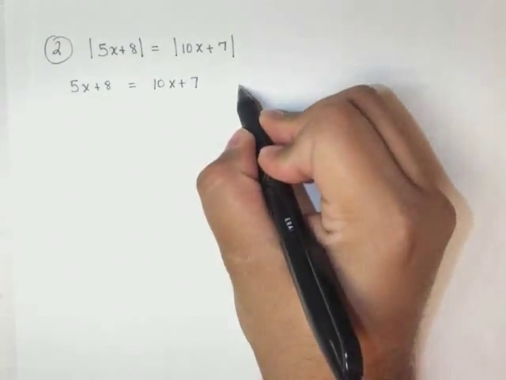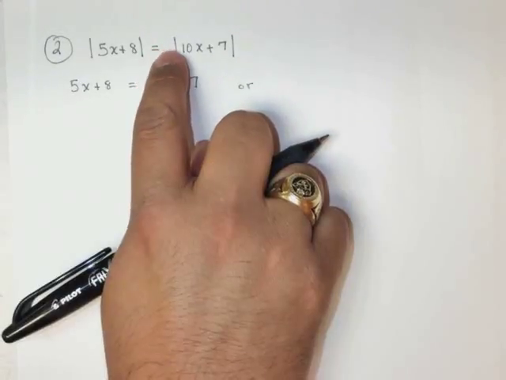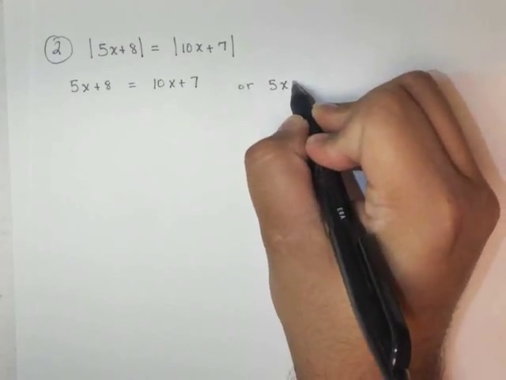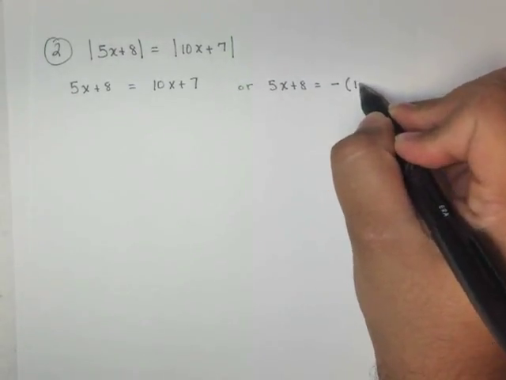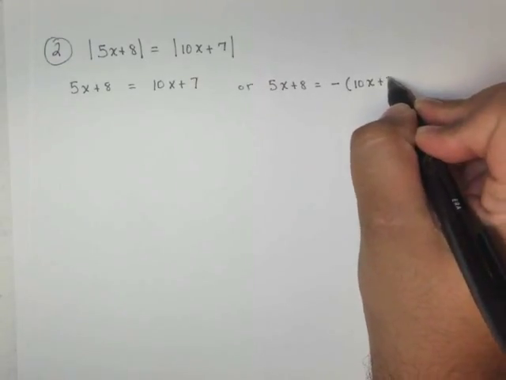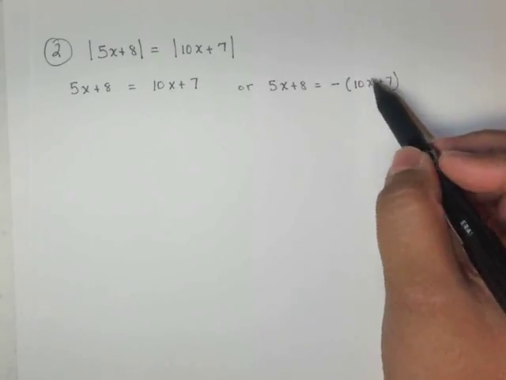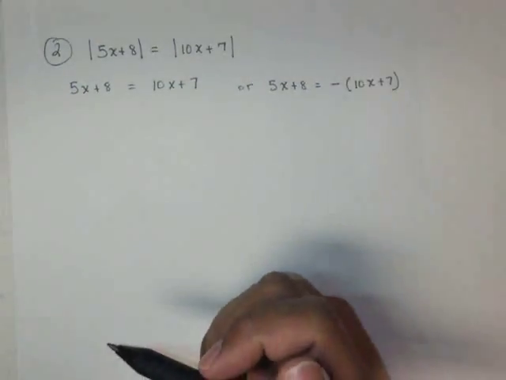Now we're going to take the same equation and set it equal to negative the k. So all we're going to do is say 5x plus 8 equals negative, or opposite, of the 10x plus 7. And there we have it. Now this part we would just do some distribution and solve. But let's go ahead and take a look at this one first.